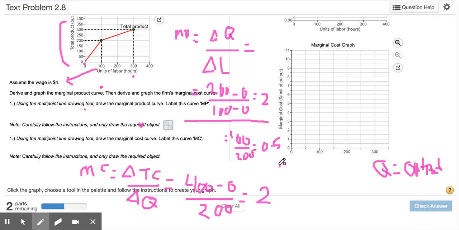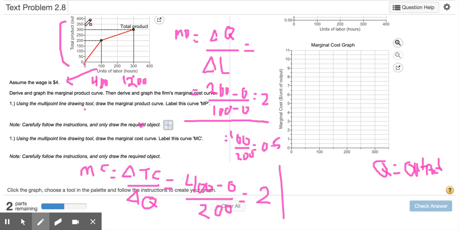We do the same thing for this section. It would cost us 1200 to produce 300 units of output. Why 1200? 300 units of labor multiplied by 4. And we know it will cost us $400 to produce 200 units of output.